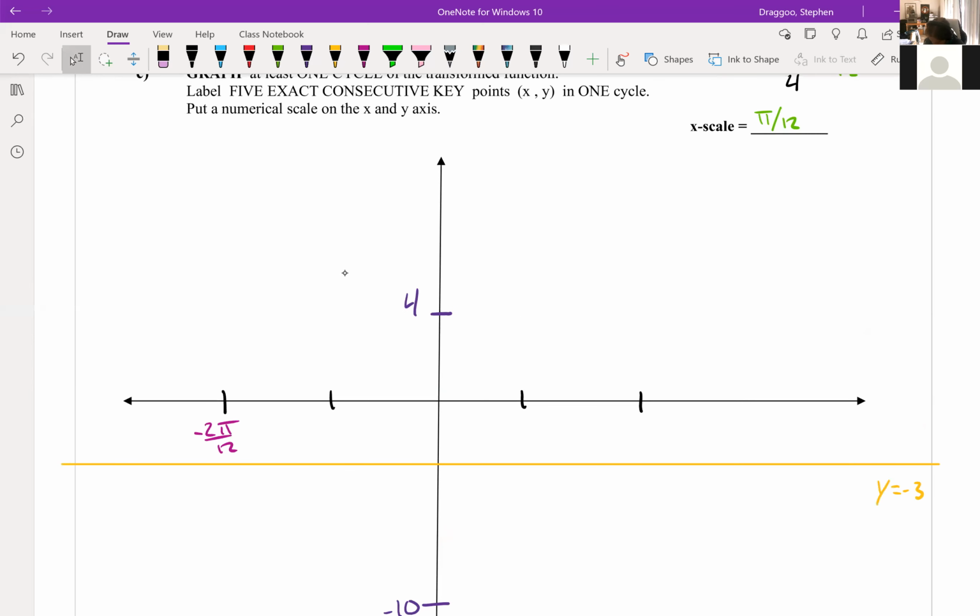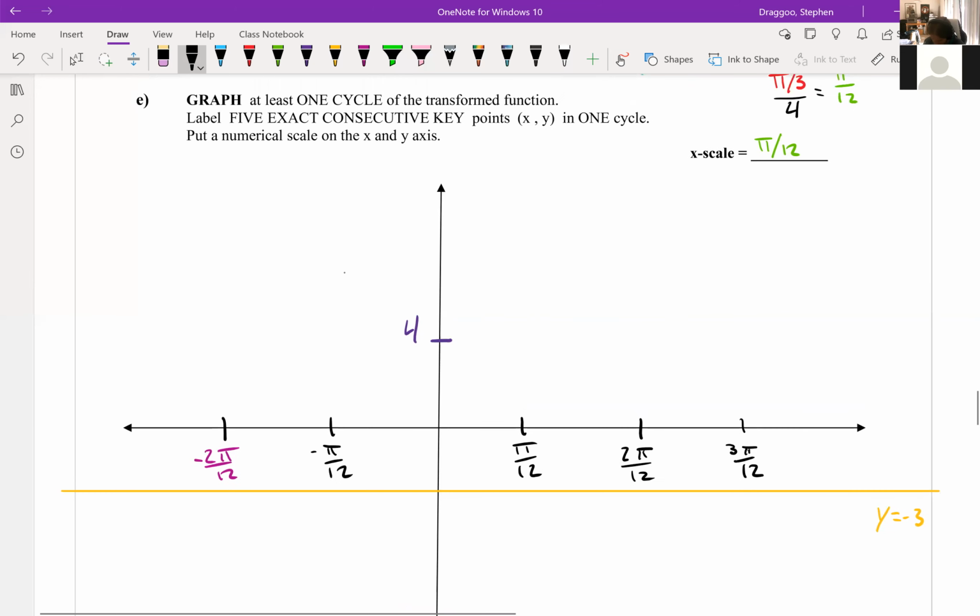So I just want to count out by pi over 12 in each direction. I can even go to 3 pi over 12 if I wanted, but I'm not going to end up needing that. But cool. Again, our x scale is pi over 12. So every tick mark, I want to count by pi over 12.